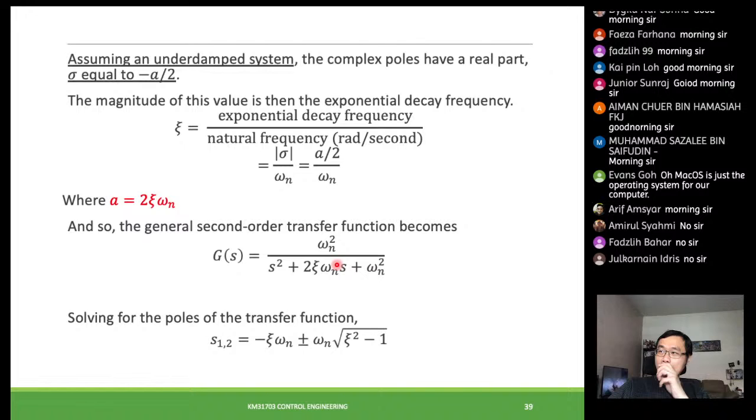Once we have these equations, our solutions would be purely in this form: minus b plus or minus the square root of b squared minus 4ac.